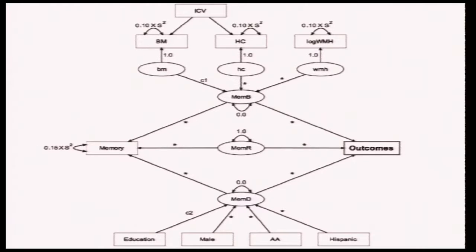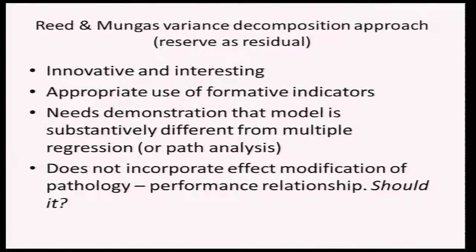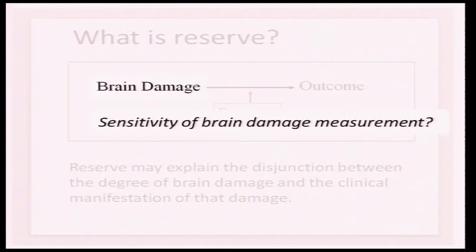But I do think this is a highly innovative approach and potentially useful, and I think it could be extended in many interesting ways. This model also doesn't include modification of the pathology and performance relationship, and that's an important part of the concept as Yakov has articulated it and what I'm buying into for reserve.